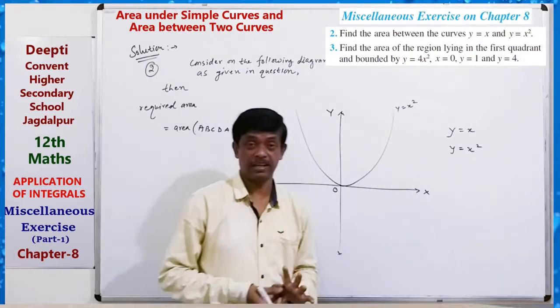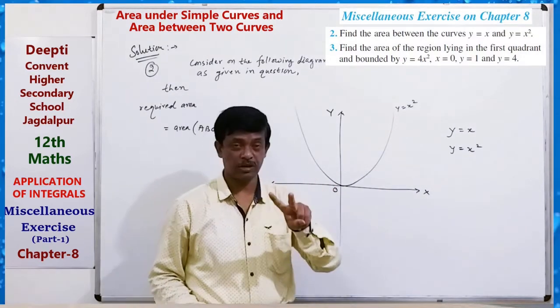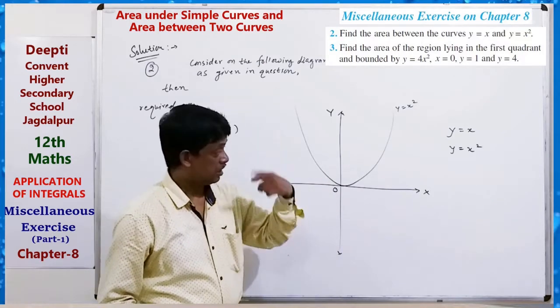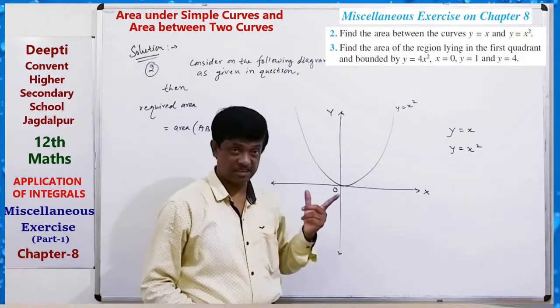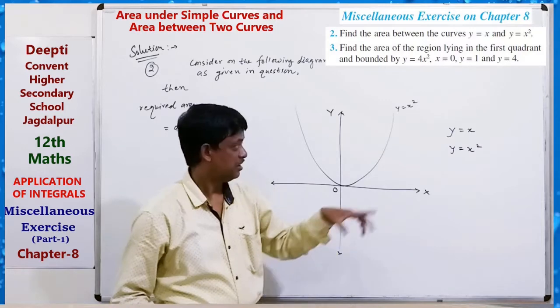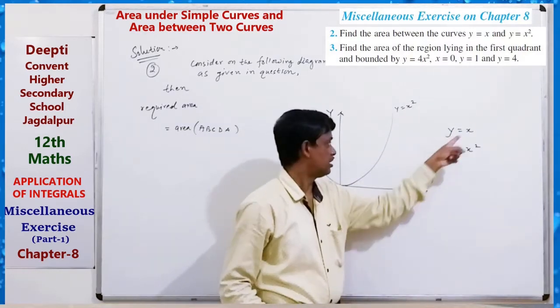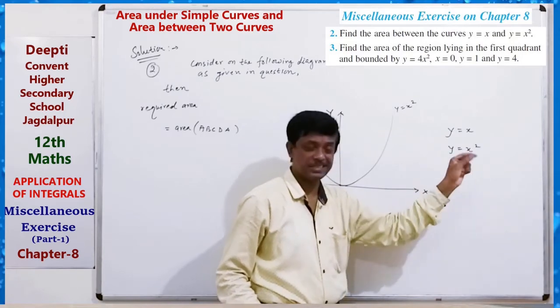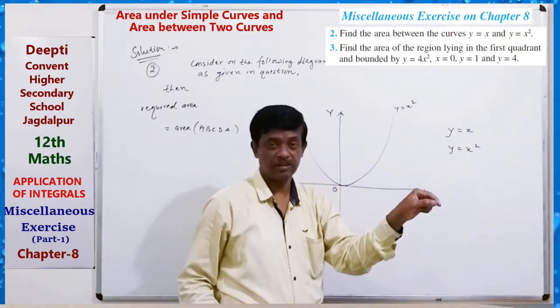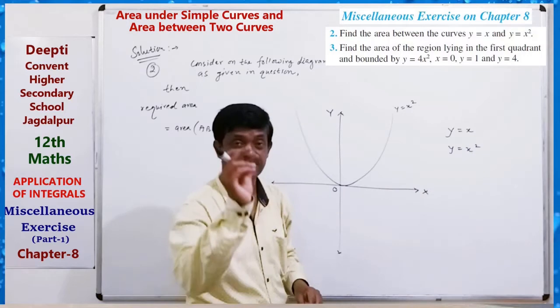Whenever we draw a diagram and there are 2 or 3 curves or a line, we have to check their intersection point. Here, if we put y equal to x, x equals x square, so x square minus x equals 0, x common, so the value of x is 0 and 1.